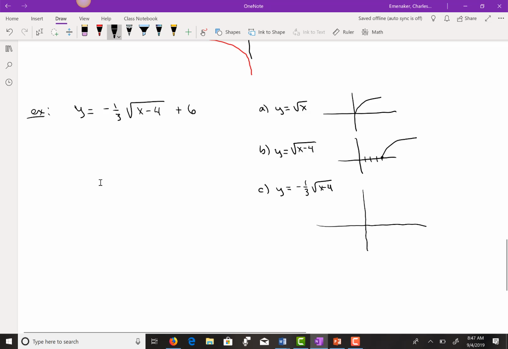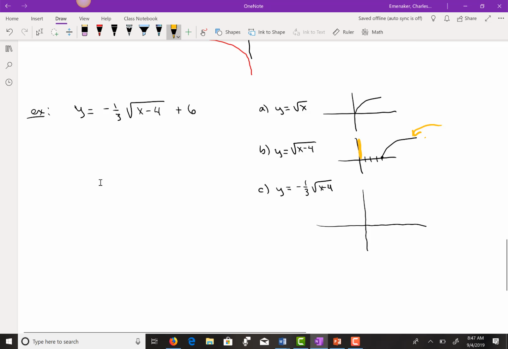Okay. We know that our vertex is at 4, 0. If we take every number that comes out and multiply it by a negative, now every number that comes out is going to have a negative value attached with it, isn't it? If you look at the previous graph, everything coming out here was a positive y value, wasn't it?